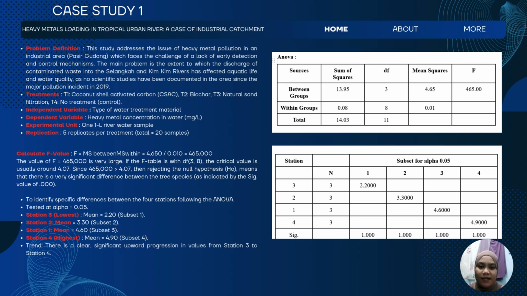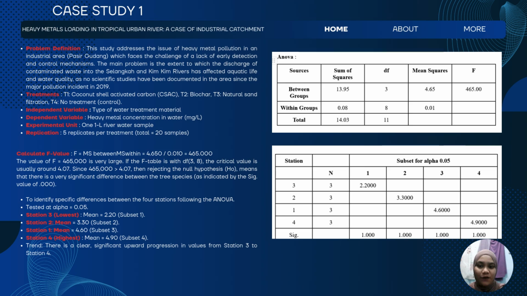465,000 is very large. If the F table is with degrees of freedom 3 and 8, the critical value is usually around 4.07.